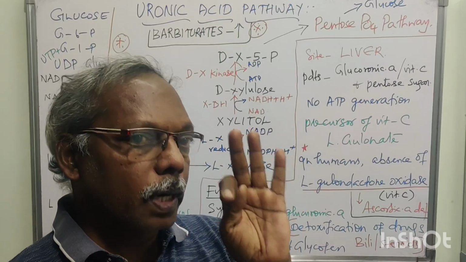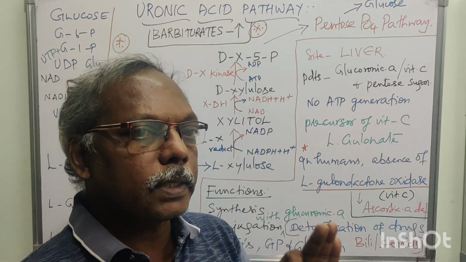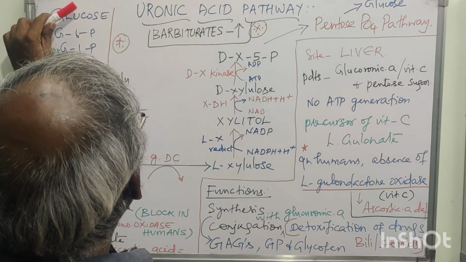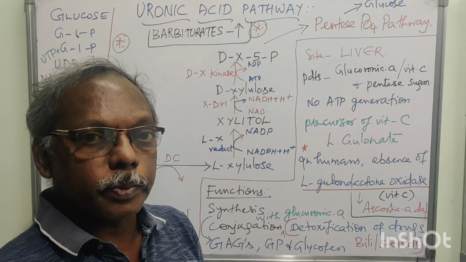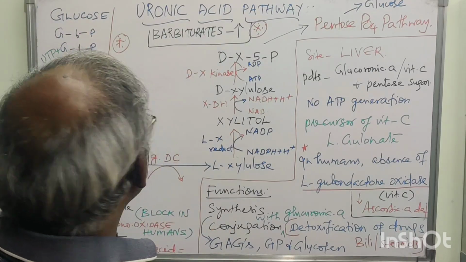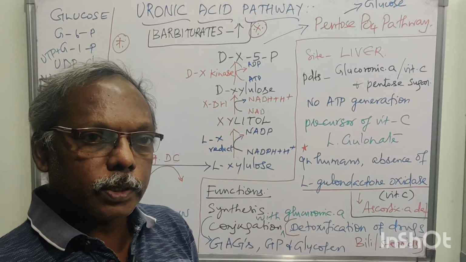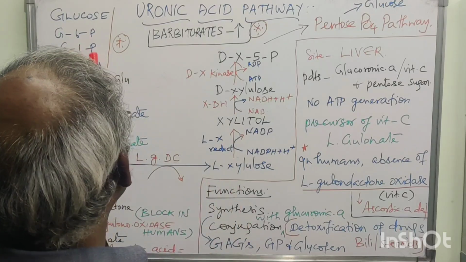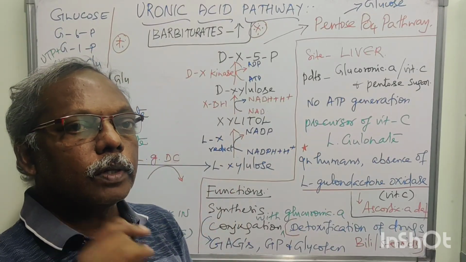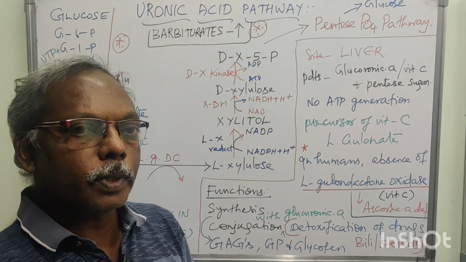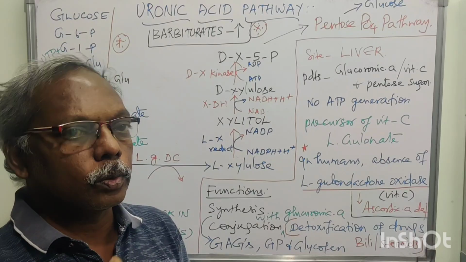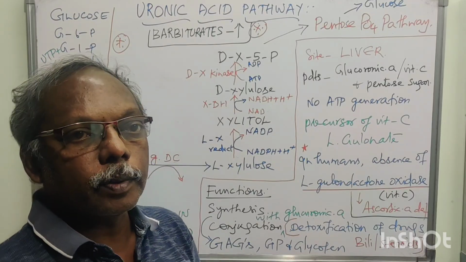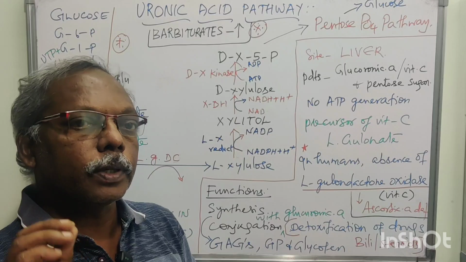Glucose 1-phosphate combines with one molecule of UTP, uridine triphosphate, and synthesizes UDP glucose. So your first point will be formation of UDP glucose.